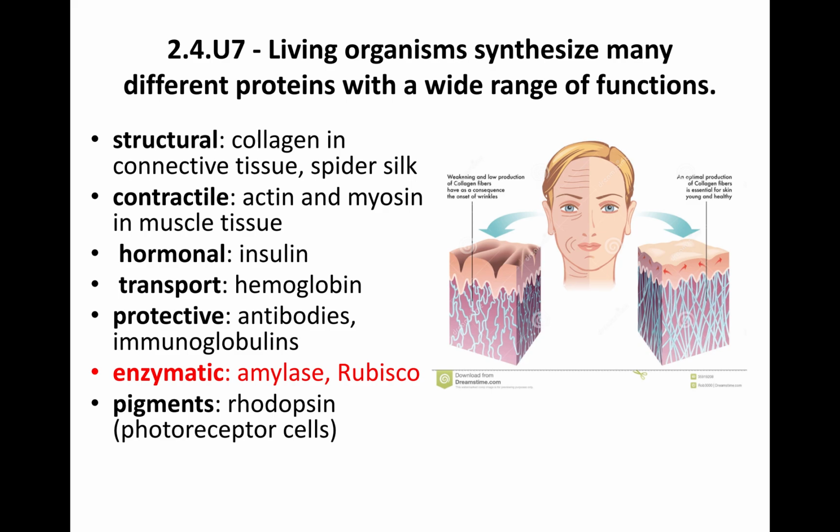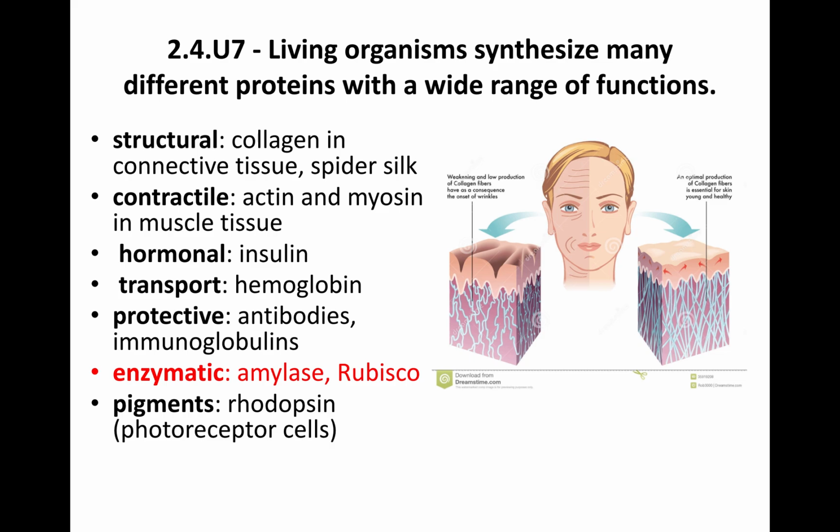Protective proteins like antibodies or immunoglobulins are part of your immune system. Enzymatic proteins, there are so many of them, and they catalyze the reactions in your body, like amylase, which helps break down starch, and rubisco, which is in plants and helps them fix the carbon dioxide from the air and use it during photosynthesis.